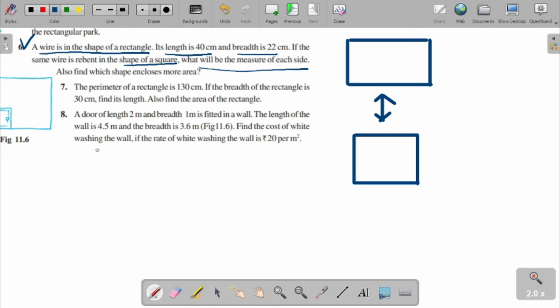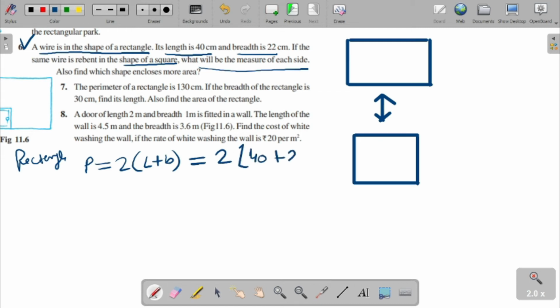So in question number 6, we will find the perimeter of the rectangle. Perimeter in case of a rectangle is twice L plus B, or twice, in place of length we write 40, in place of breadth we write 22.